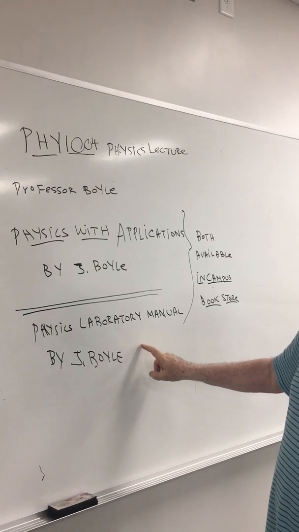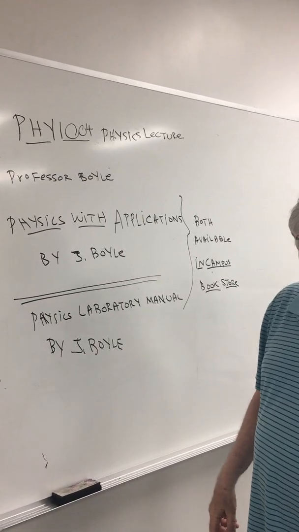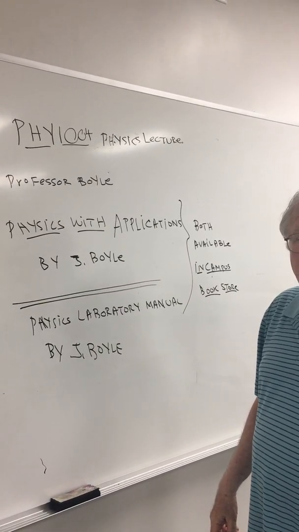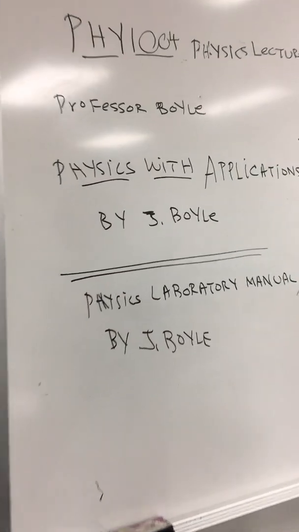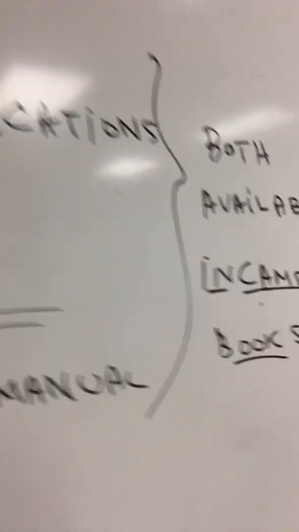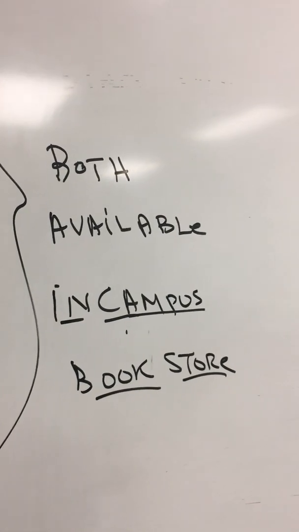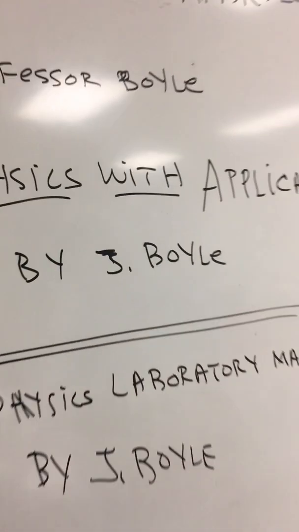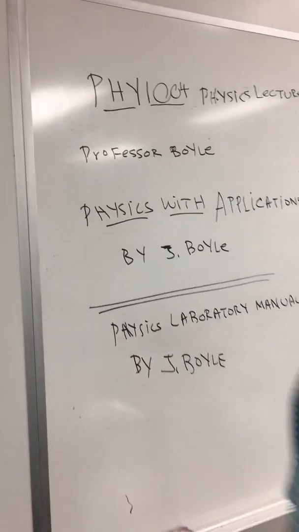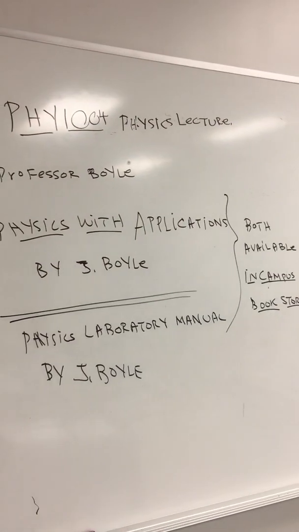Both books are required. So to start the class now, we're going to start with Chapter 1, and this is going to be a review of algebra, and then there'll be a review of trigonometry. I'm going to assume that you have your book now. Hopefully you do.